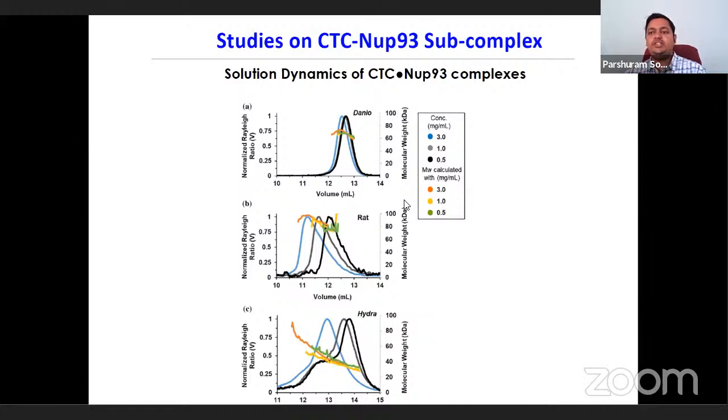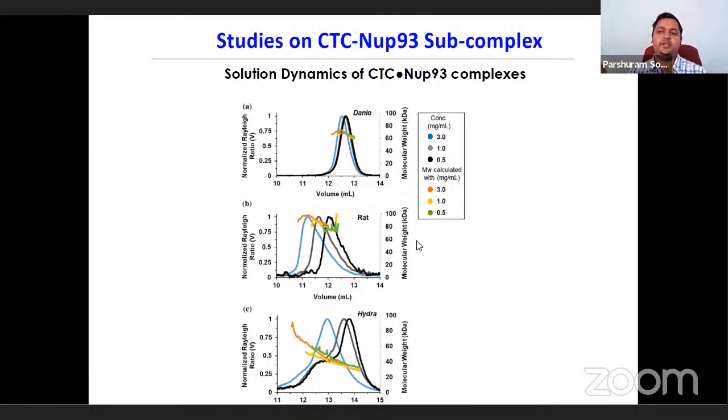And what we could see is that the observation which people saw with the entire NPC in live cells, we could actually demonstrate in vitro as well, where we could see that the complexes of the CTC were very dynamic. In this particular case, we used size exclusion chromatography coupled with multi-angle light scattering.